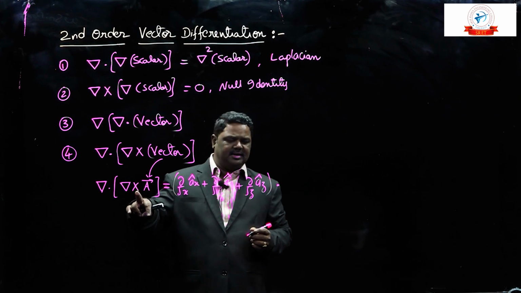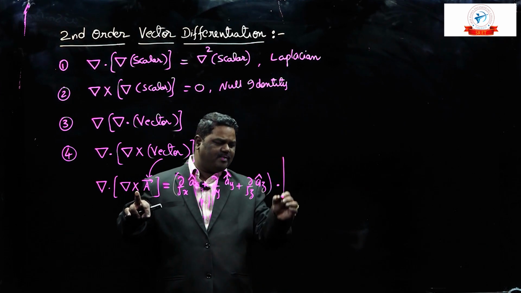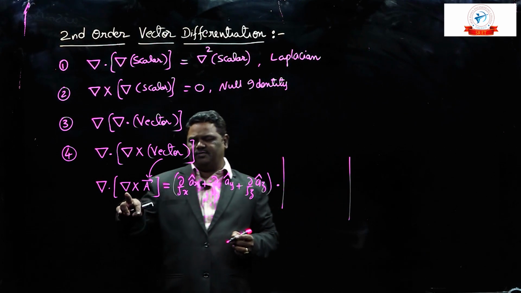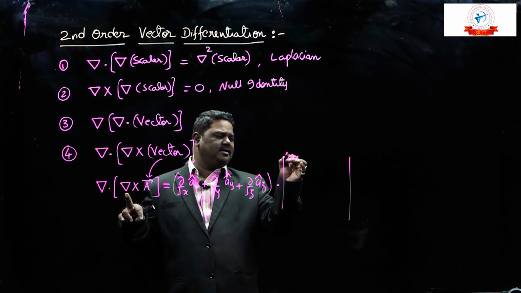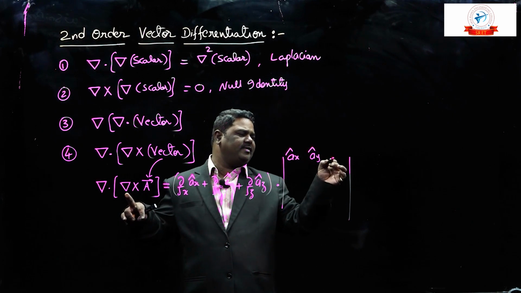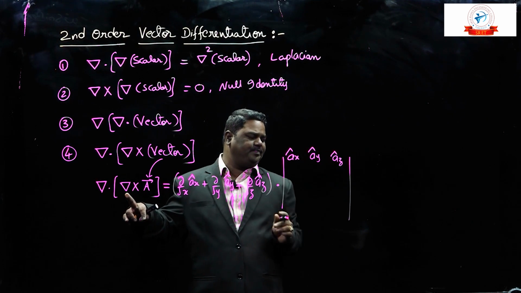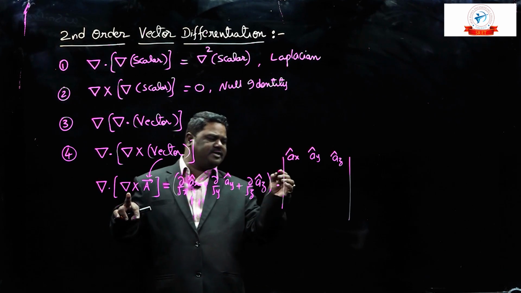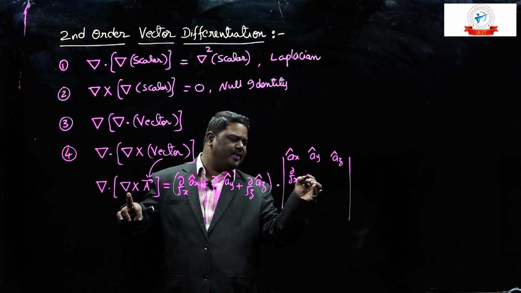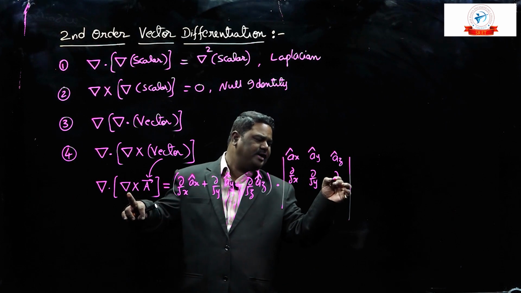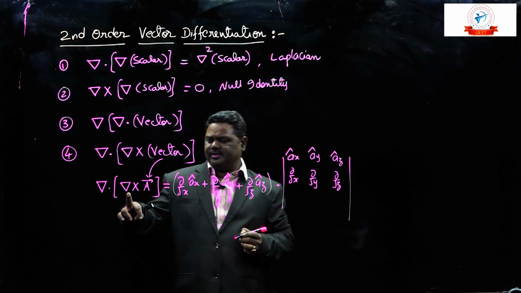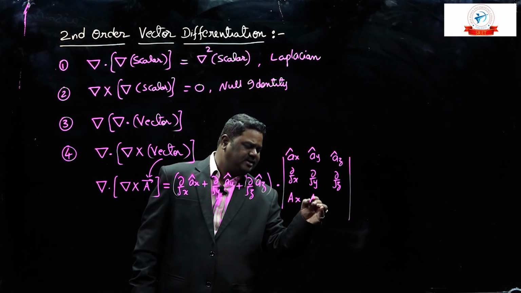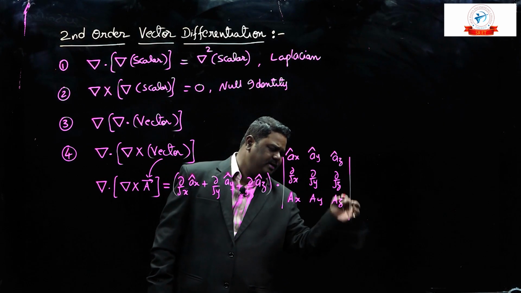Generally we evaluate this curl operation or cross product with the help of a determinant. The first row must be unit vectors ax cap, ay cap, az cap. The second row should be components of the first vector in the cross product, that is components of del: dou by dou x, dou by dou y, dou by dou z. Next one is A bar, with components ax, ay, az.